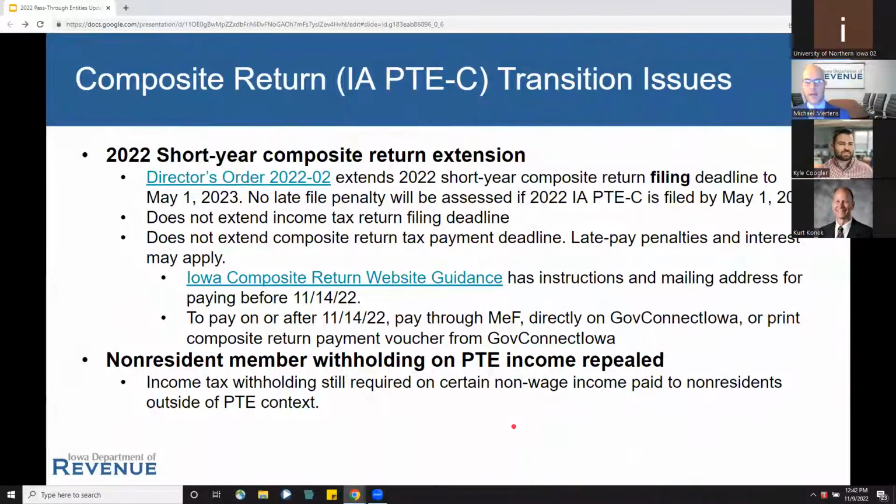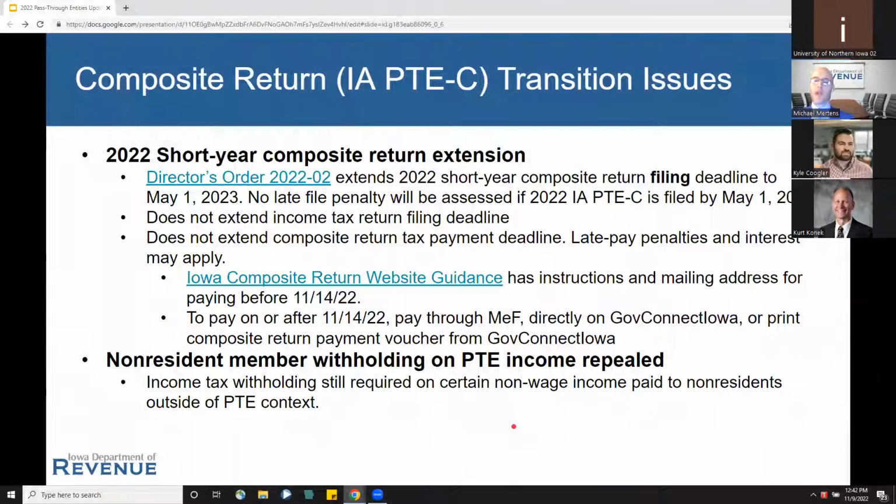The department has not released the official new composite return form yet. So in order to relieve those pass-through entities of incurring any late file penalties for a return that was not available yet, the director issued order 2022-02 earlier this year, which extends the short year composite filing deadline to May 1st, 2023.